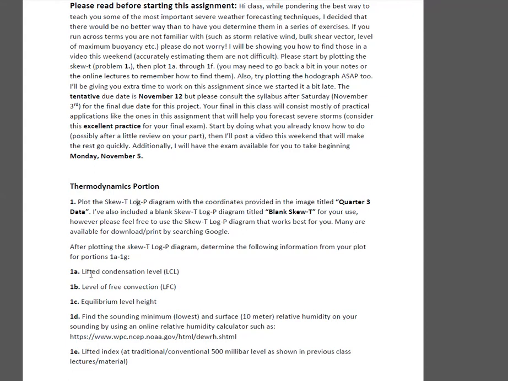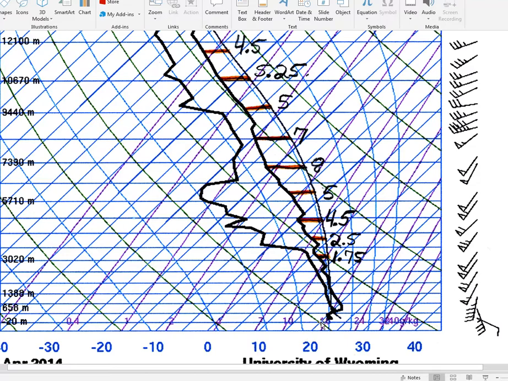So then the second part of question 1A is to find the lifted condensation level. That's just where you plot your surface temperature and dew point, and then you ascend the dew point up the saturated mixing ratio line, these purple lines, to where it meets the dry adiabatic ascension from the surface temperature.